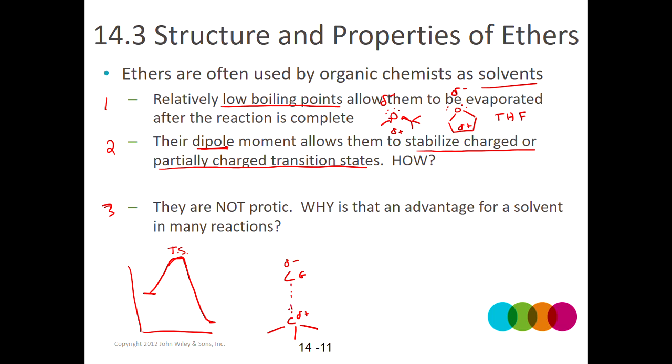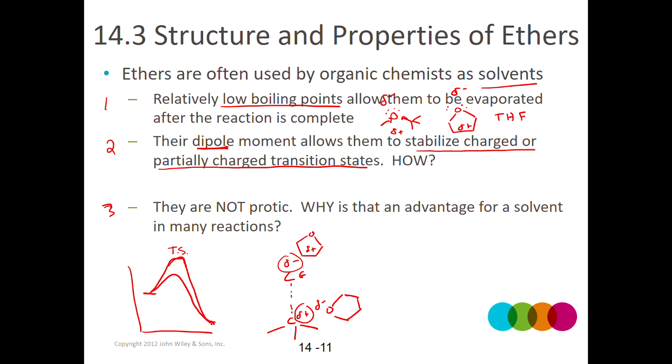In that moment, it's really unstable because the electrons are not in an area of effective orbital overlap where they can be stabilized in a molecular orbital, effectively attracting to the nuclei. And it's also even more unstable because these partial charges are areas of charge imbalance. So if the solvent can come in, and it's an ether or some other polar solvent, and bring in some opposite charge to form an attraction there, then that can stabilize the transition state.